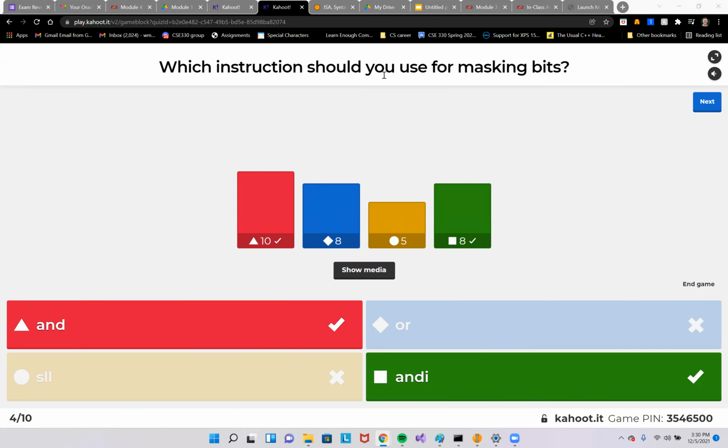If you use two registers, then that's when you would use AND, and then ANDI would be if you had an immediate that you were using as the mask. You can do either way. Okay, next one.